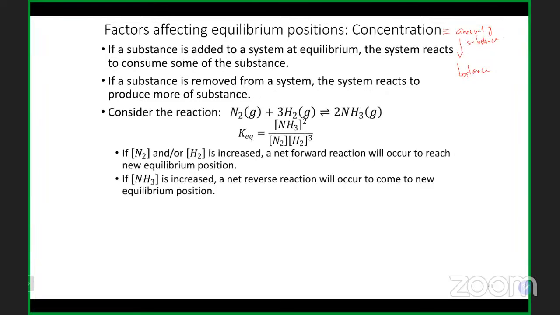For example, our famous Haber process in trying to produce ammonia, this is our equilibrium constant. So N2 and H2 are both reactants and they would have the same effects in terms of concentration. So if the concentration of the reactant, which is N2 or H2, is increased, it will shift to the product side.